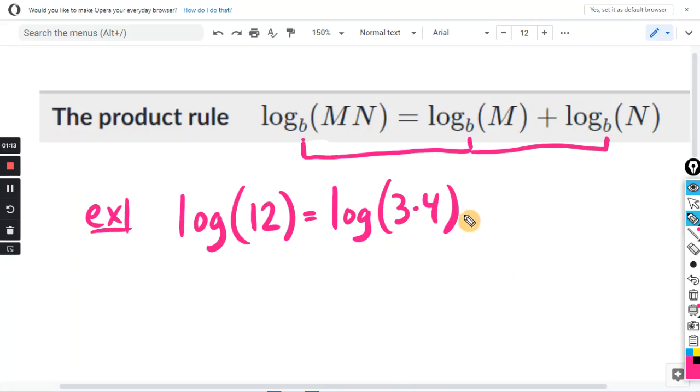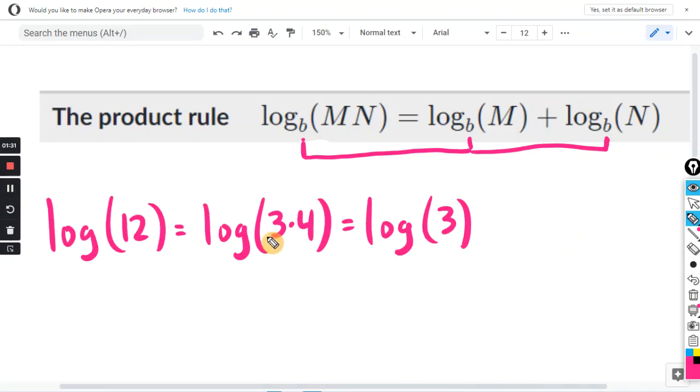All right, and that is equivalent to the log of 3 plus the log of 4. All right, I ran out of room. Let me fix this. So the log of 3 times 4 equals the log of 3 plus the log of 4.